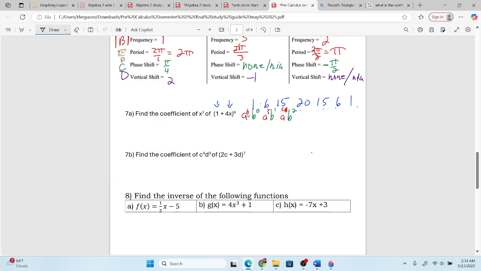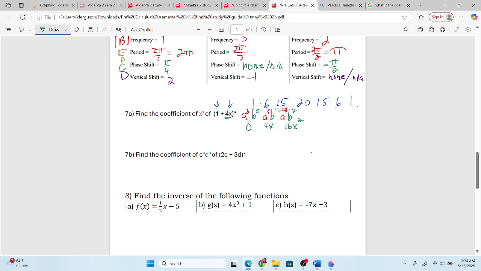So a to the 6th, that's 1 to the 6th. And that's 4x to the 0. Well, that's nothing. Well, I'm looking for x squared, so I'm really just looking for the third term. So this one is nothing. Then right here, b to the 1st power, that's 4x. Here, b to the 2nd power, that is 16x squared, because I take 4 to the 2nd power, then x to the 2nd power.